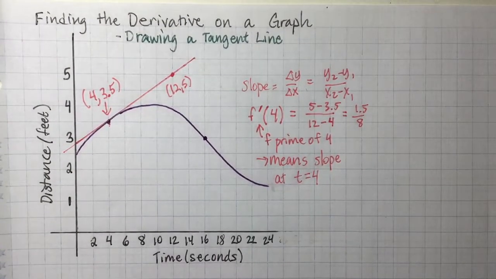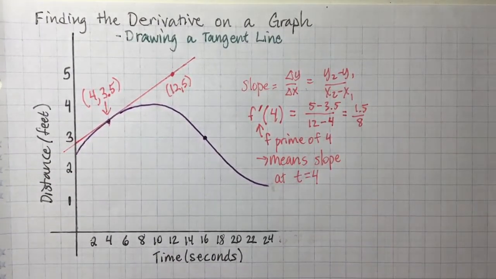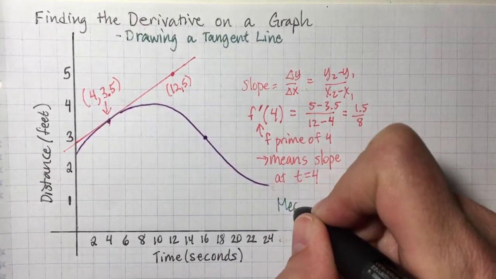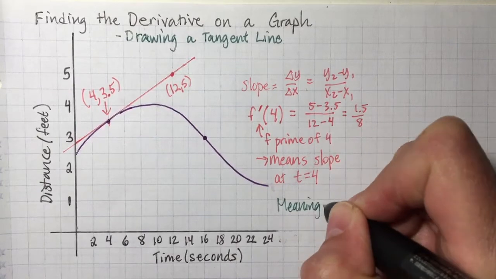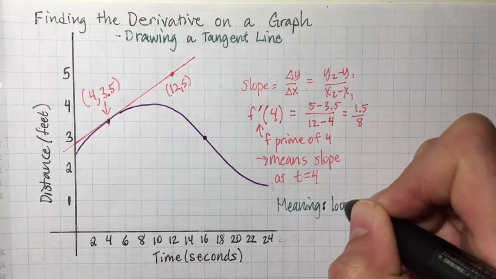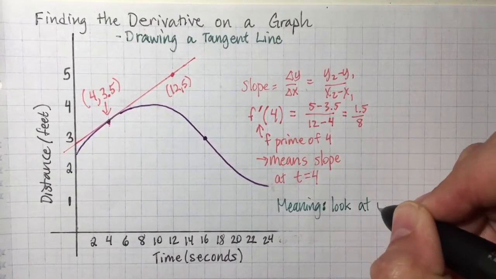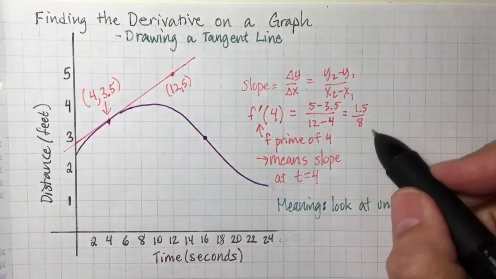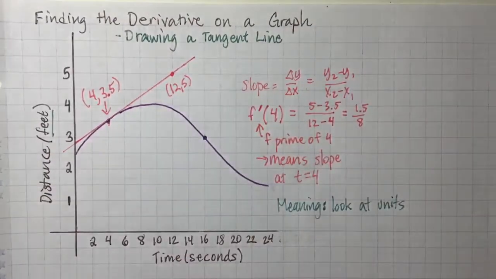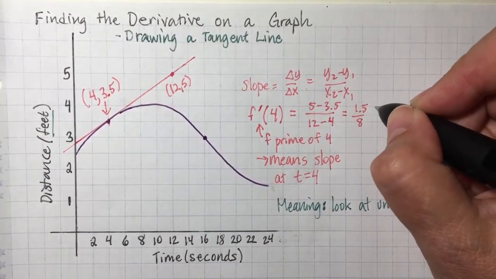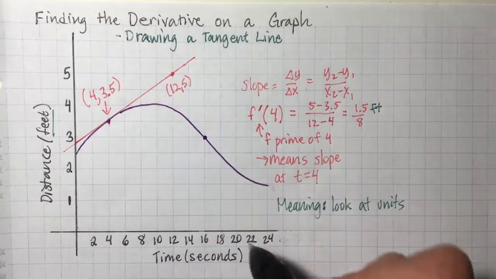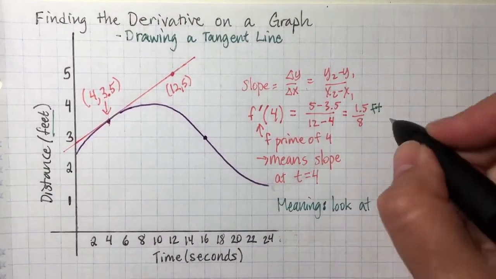We can tell what this means by looking at units. So for our meaning, let's look at the units. Our units for y is feet. So that would be 1.5 feet. And the units of x, or t, is seconds.